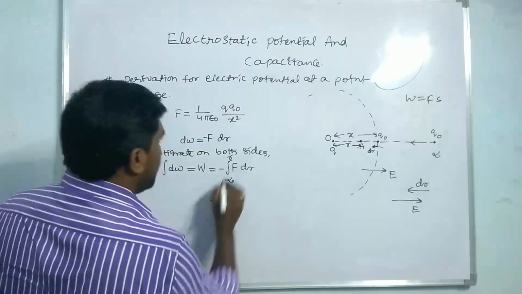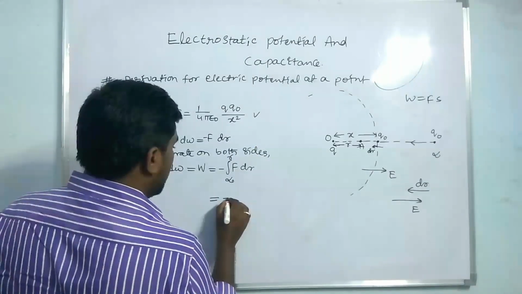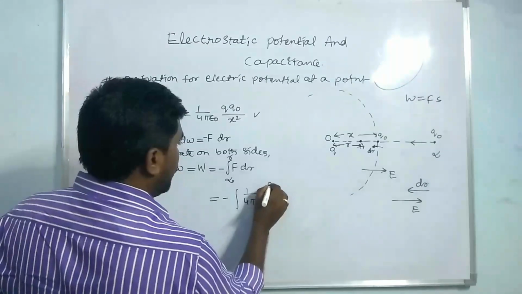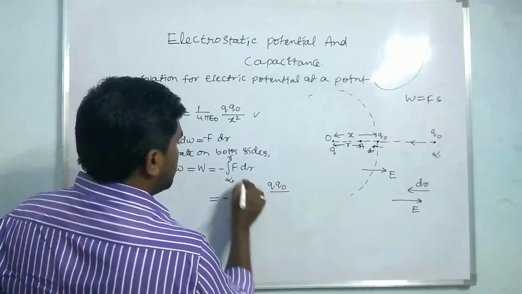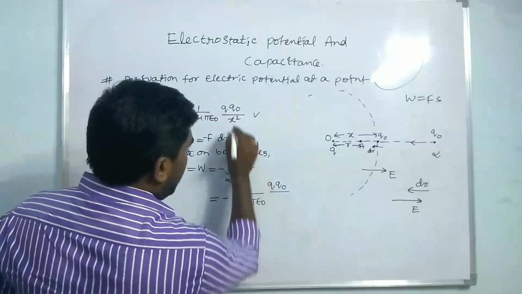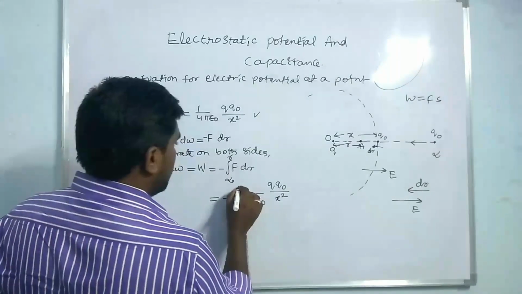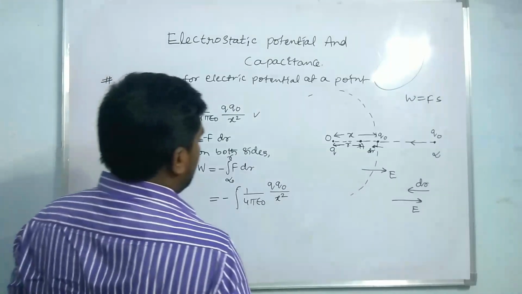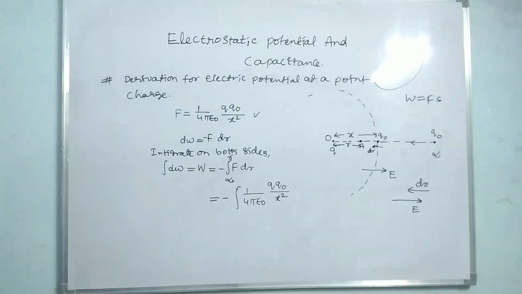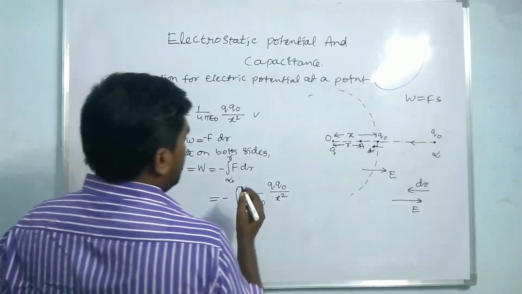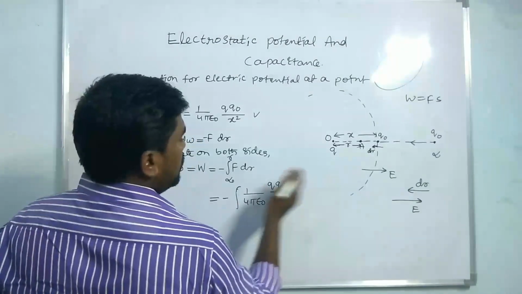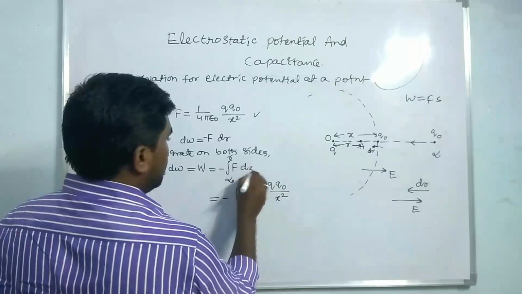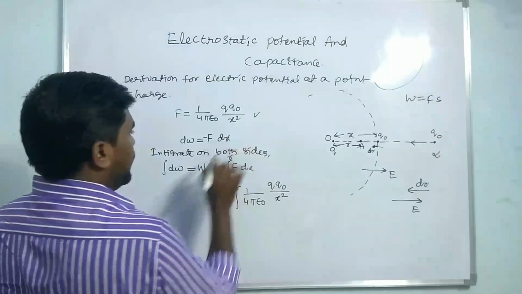Here F is already known: F equals 1 by 4 pi epsilon naught, Q naught by X square, and the displacement is dx. So we integrate F into dx.